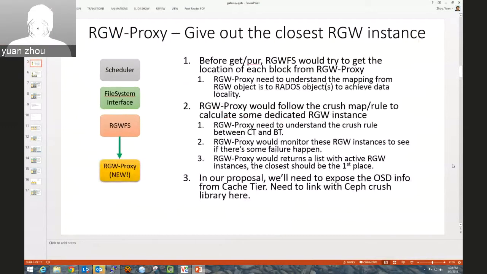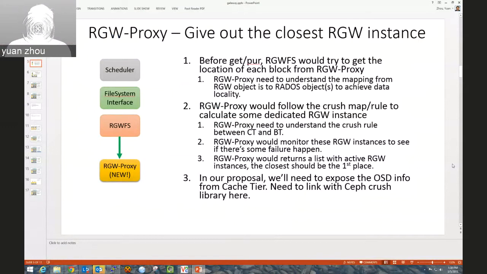Okay, so for the second part, this is the most complicated part of this solution. We have a standalone daemon acting like a name node in HCFS. So before each get or put, RGWFS would try to query RGW-Proxy to get the block location from the block locations in the Rados cluster.